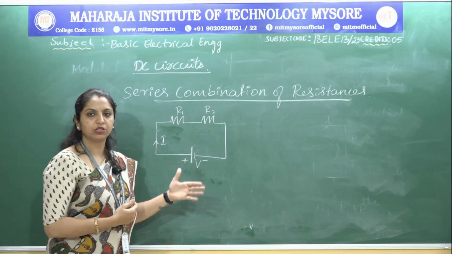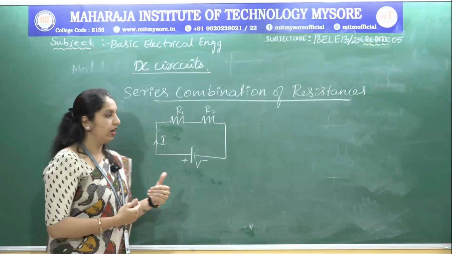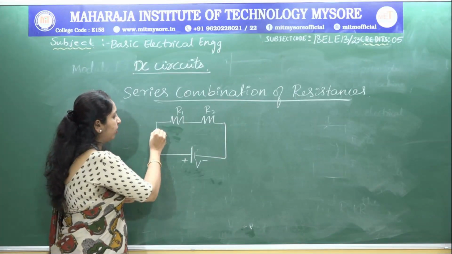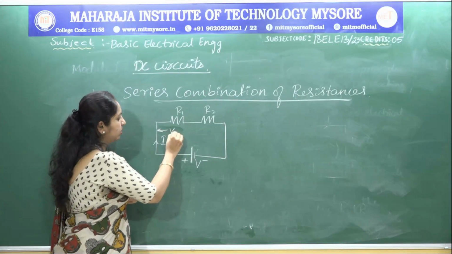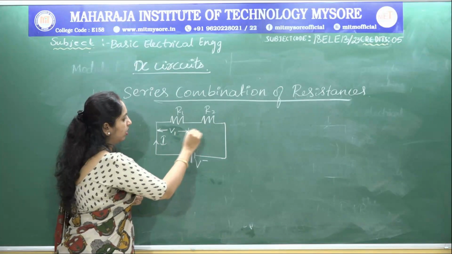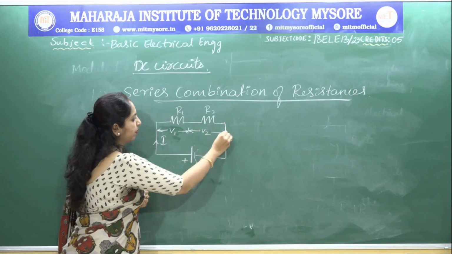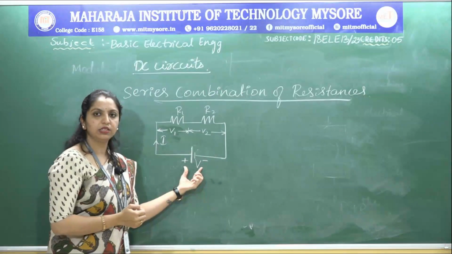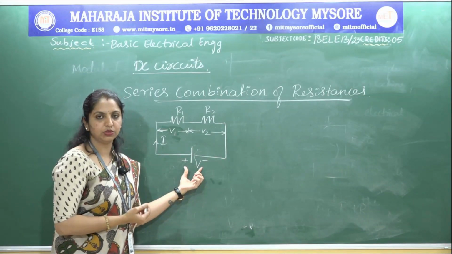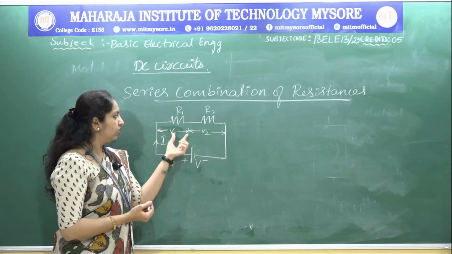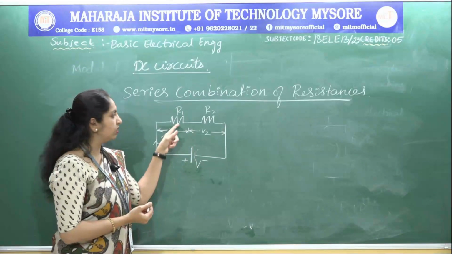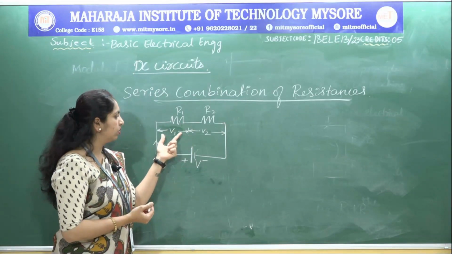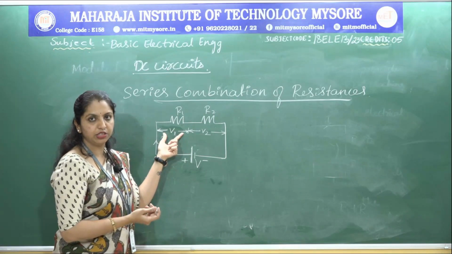So initially, in this circuit you need to apply KVL. KVL means Kirchhoff's voltage law. Before that, this is V1 and this is V2. So what is this V1 and V2? Here this is the applied voltage, or the DC source of energy, and when the current passes through this particular resistor, there will be a different voltage.